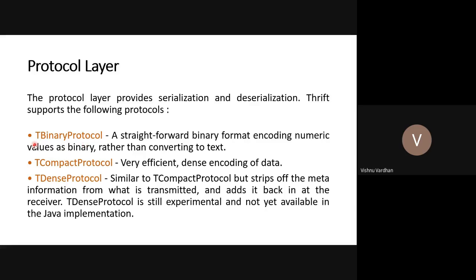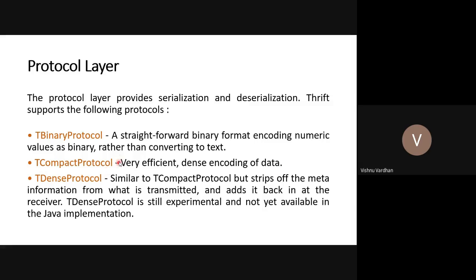So T means Thrift. That is how the name is given. TBinaryProtocol actually does the transitions of the binary formats, either into numeric or into text format. Then TCompactProtocol: very efficient, dense encoding of data.